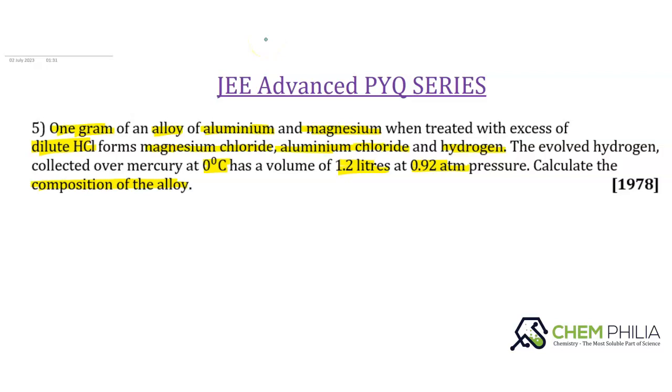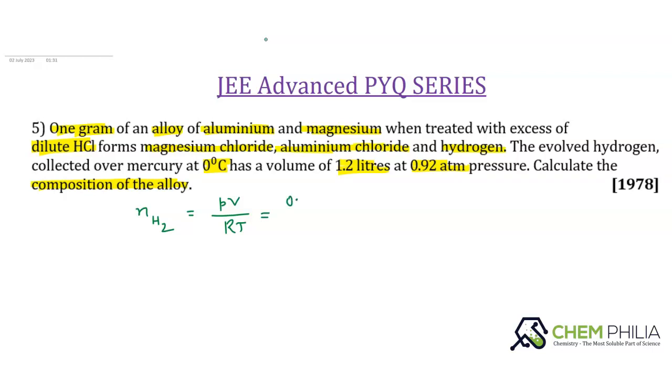First of all, let us calculate the number of moles of hydrogen. Now it is PV by RT. You know the equation, PV equals to nRT. So we are getting this formula from that equation only.